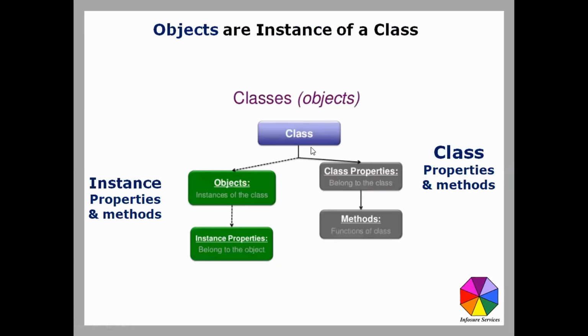The class is having its properties and methods. This is the definition. A class is having properties and methods. Now, an object is an instance of the class. The object itself is going to have the same properties and methods by the definition of the class.